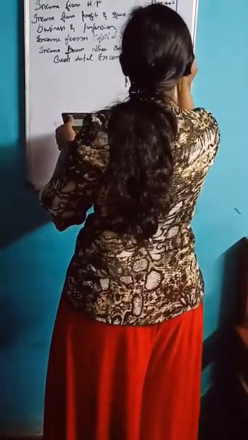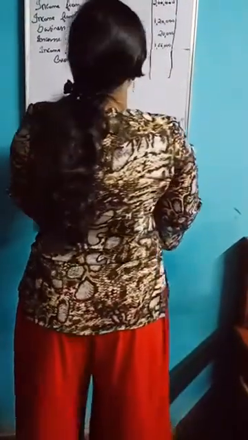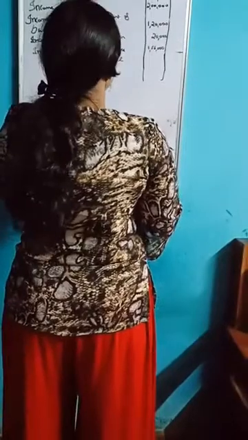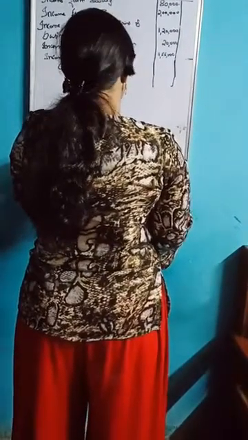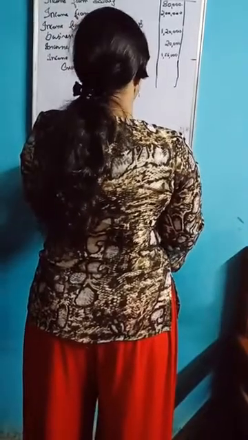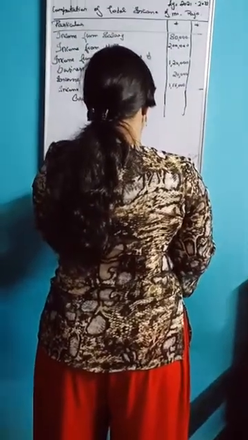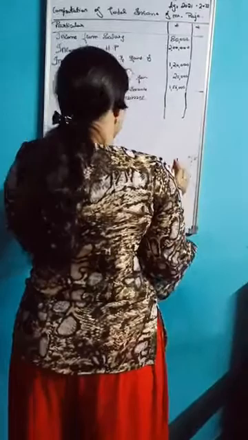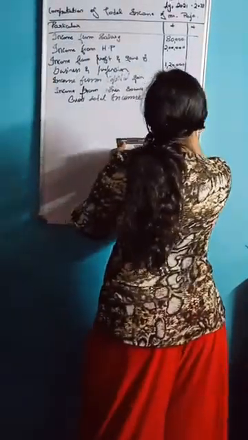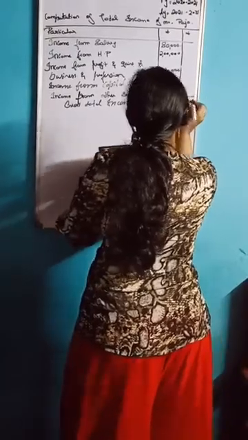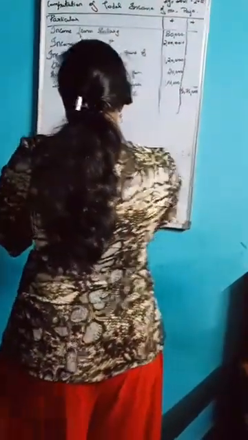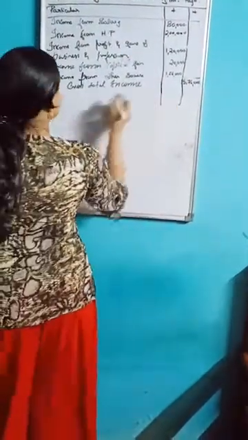That is 80,000 plus 2 lakh plus 1,20,000 plus 20,000 plus 1,56,000. You will get 5,76,000.